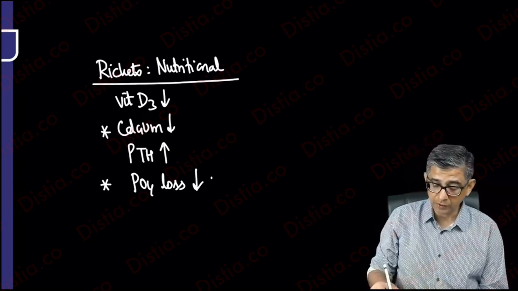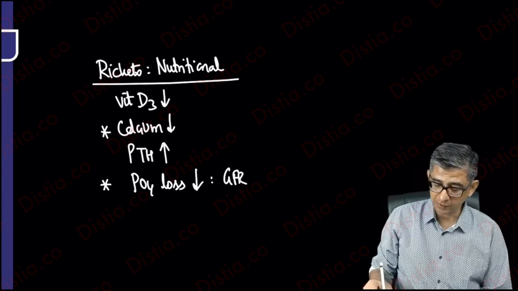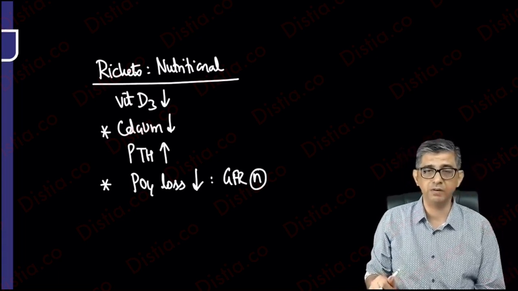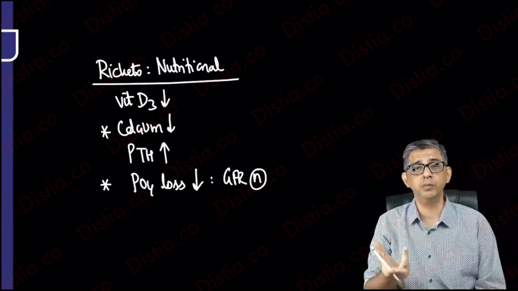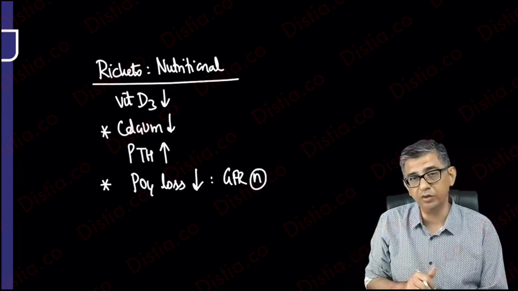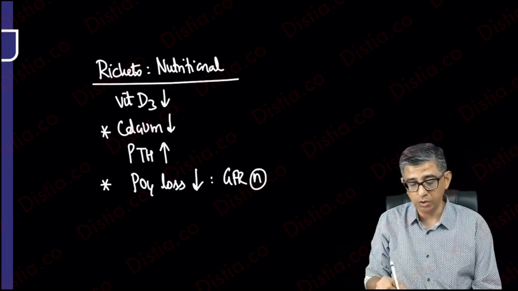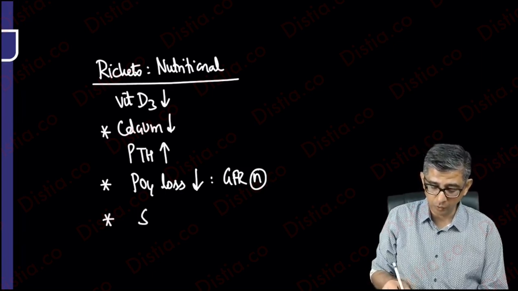Here, phosphate is going down because the GFR of the patient is perfectly normal. When the kidney was involved, like in a person with secondary hyperparathyroidism, calcium was less, but phosphate was elevated because phosphate is not getting excreted due to defective GFR. Here, GFR is perfectly normal, so the kidney can lose phosphate, and that's the reason why calcium and phosphate will go in the same direction and SAP values would be increased.